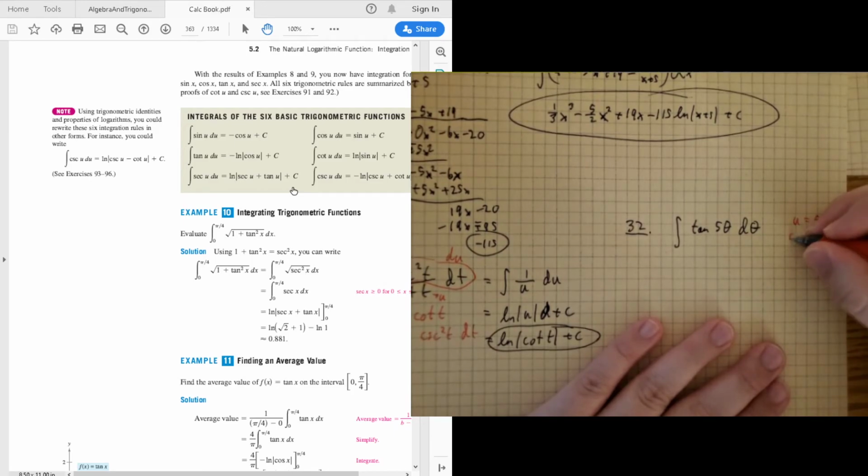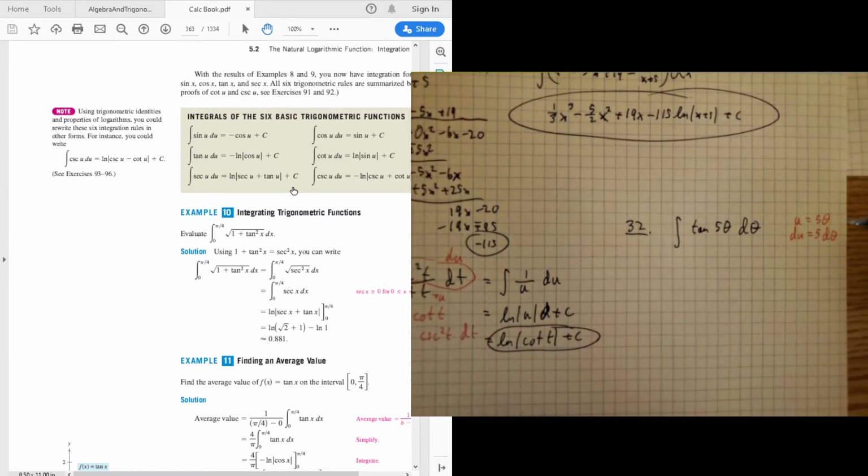If I do that, my du becomes 5 d theta. Remember, theta in this case is a variable, so when I take a derivative of 5x, I get 5 dx. And as such, when I take a derivative of 5 theta, I get 5 d theta. Now, in this problem, I don't have 5 d theta, I have just d theta.